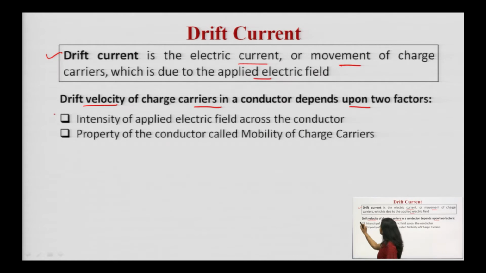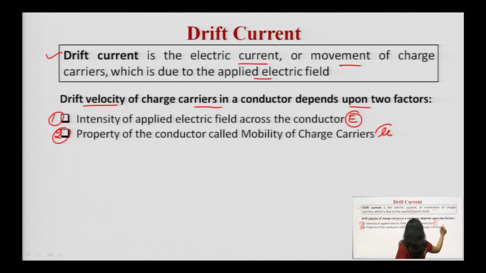The first factor is the intensity of the applied electric field across the conductor, meaning how much electric field is available across that particular conductor. The second parameter is the property of the conductor, which is known as the mobility of charge carriers, denoted by mu.